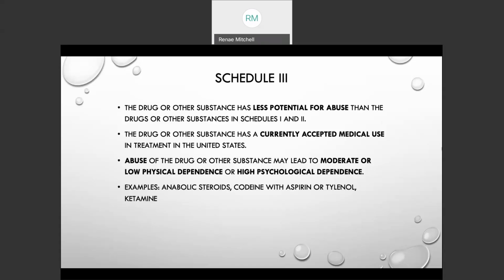So for Schedule 3, these substances may lead to moderate or low physical dependence or high psychological dependence. So they're not creating a very strong physical dependence. They can maybe create a strong psychological dependence. Steroids, codeine with aspirin or Tylenol, ketamine, all fall into Schedule 3 drugs.